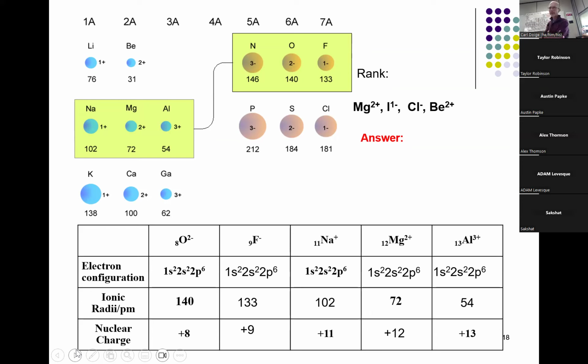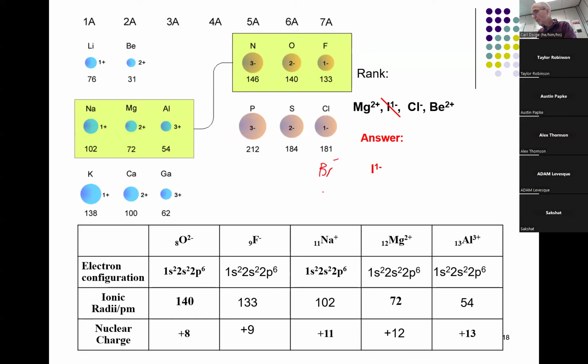So which would you expect to be the biggest particle? Yeah, iodide. So I'm going to start with my anions, so between those two, probably the iodide. So where's the iodide going to fit? Well, below chloride is bromide. So I've got bromide in here.